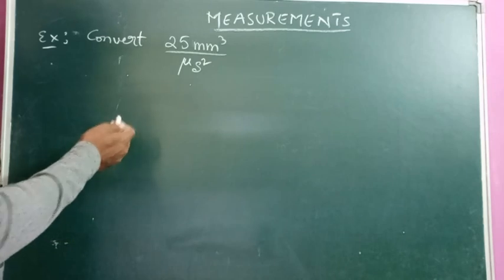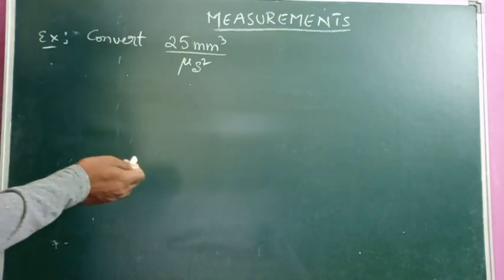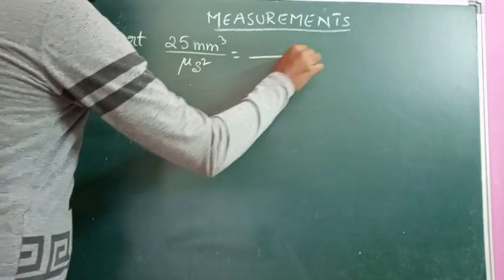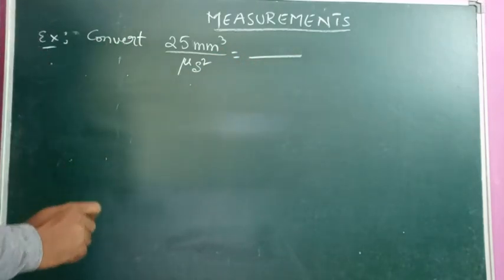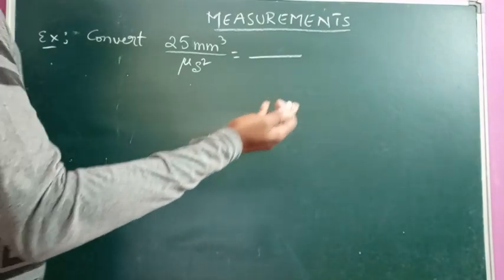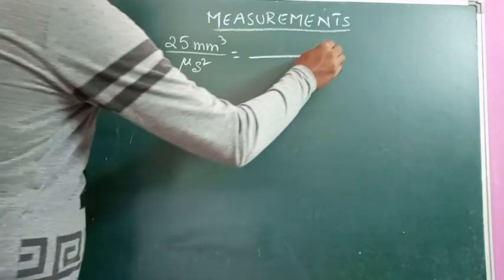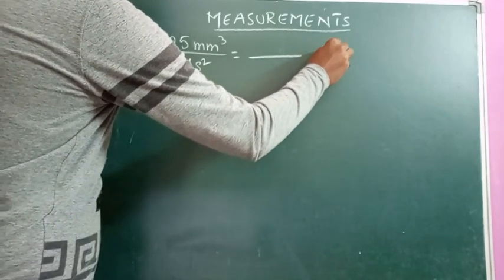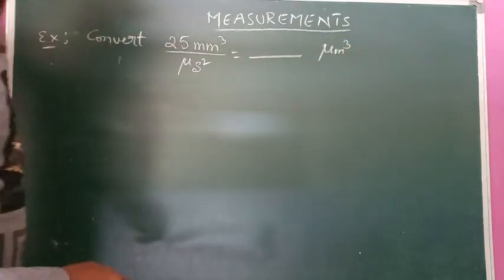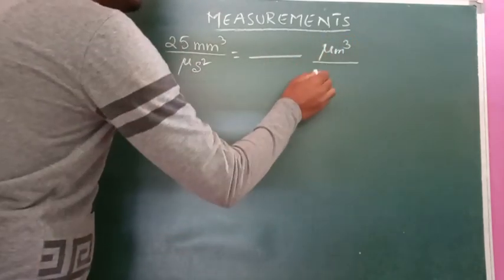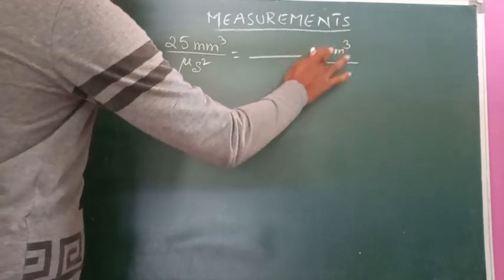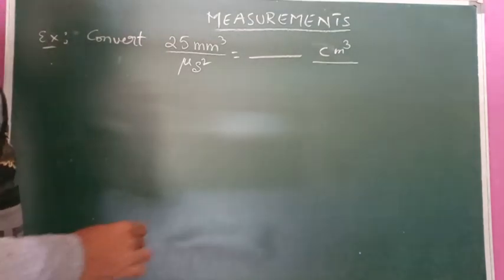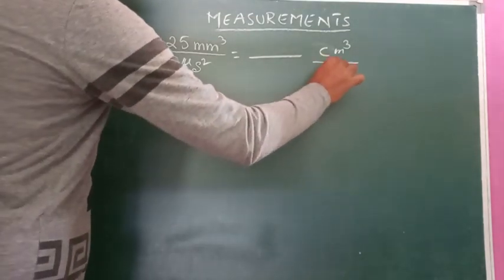Actually, I am giving these examples just to show how to do the conversions, right? So converting millimeter cube by microsecond square into any value. Let's say centimeter cube by megasecond square.